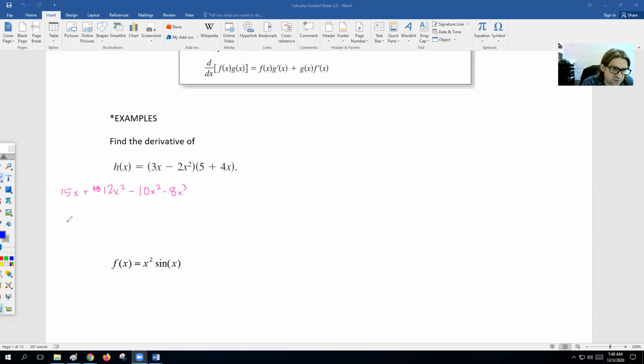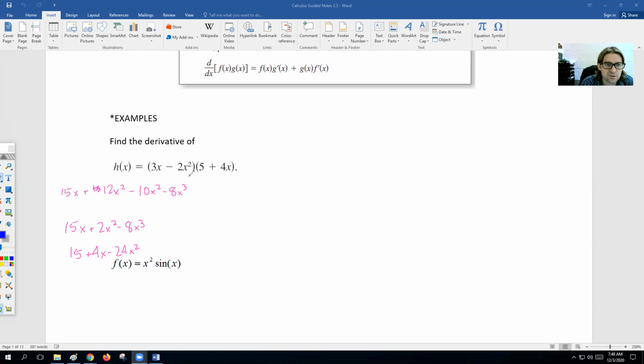And this answer would be 15x plus 2x squared minus 8x cubed. So if we take the derivative of this, we should get 15 plus 4x minus 24x squared. All I did was FOIL this out and use the regular power rules, not product rules. Both start with P. I'm getting them confused.